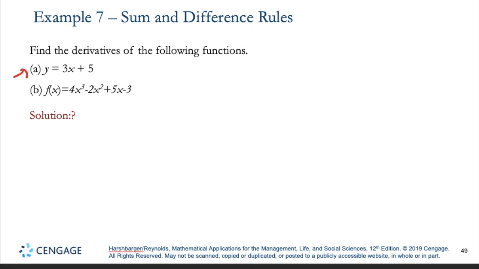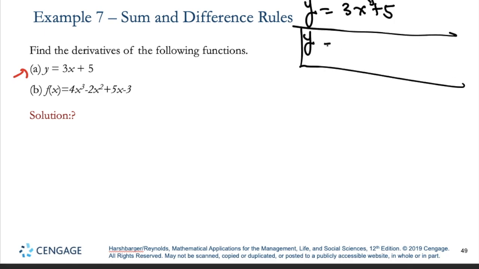Let me rewrite it here: y equivalent to 3x plus 5. If you refer back here, you see addition. So that means y in general is equivalent to u(x) plus v(x). In this case, u(x) is this, and v(x) is this.